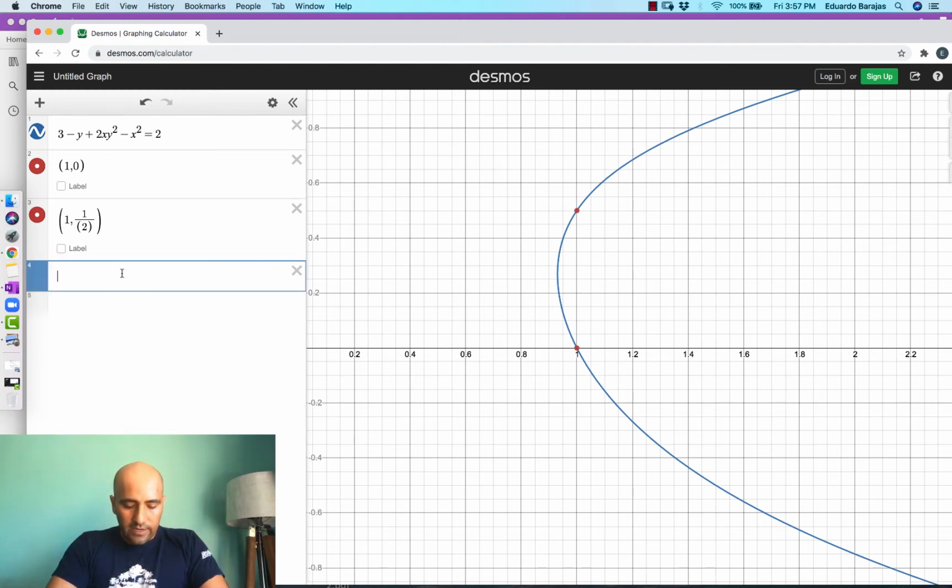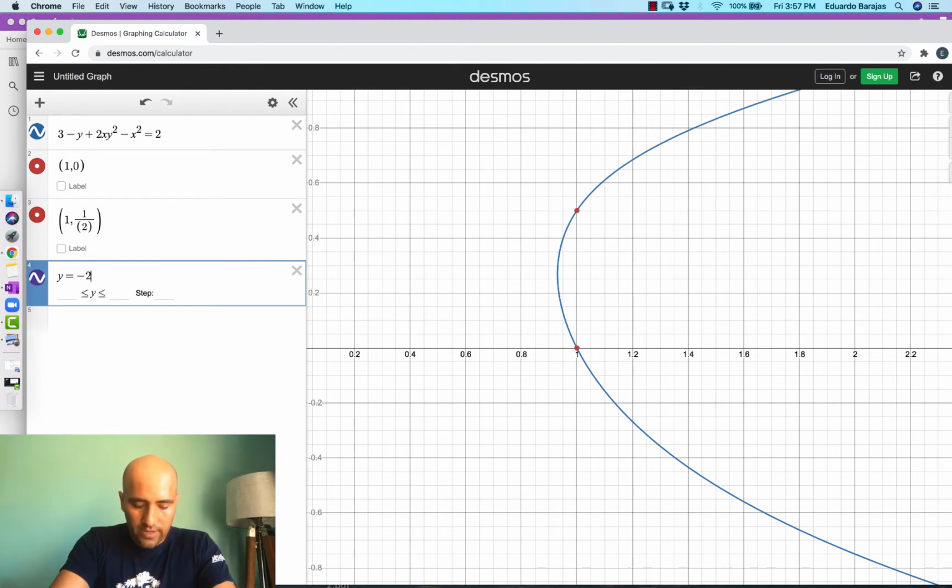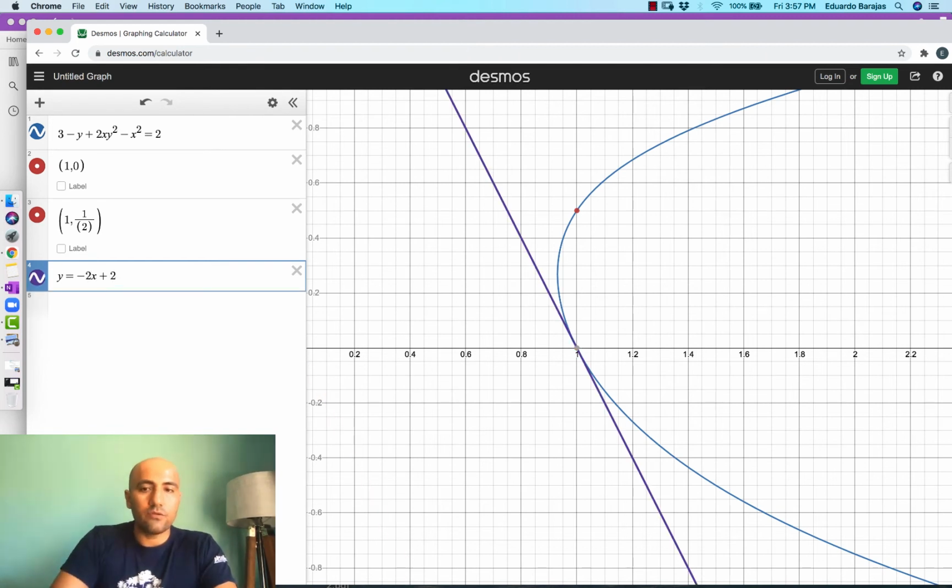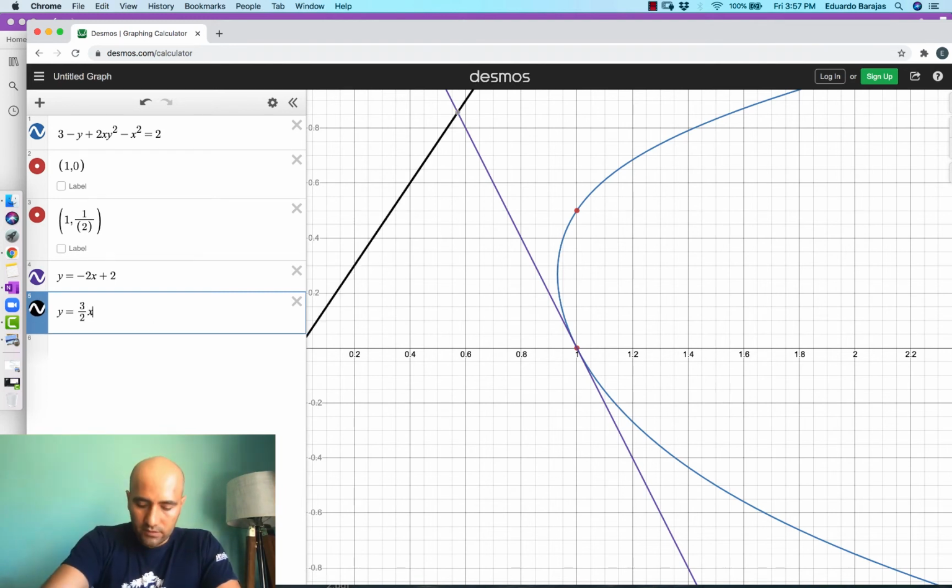So we worked it all out, and for one of them, the equation was y equals negative 2x plus 2. And for the other one, it was y equals 3/2 x minus 1.